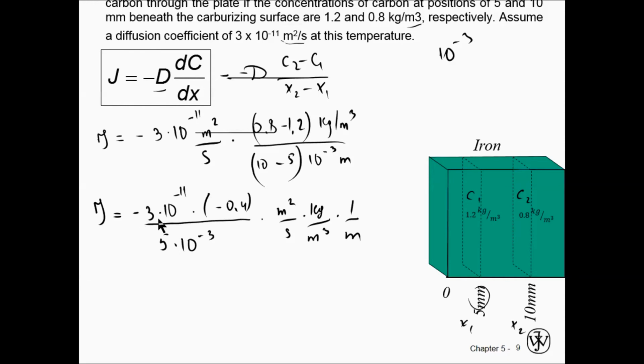So negatives will be gone. Let me simplify this.